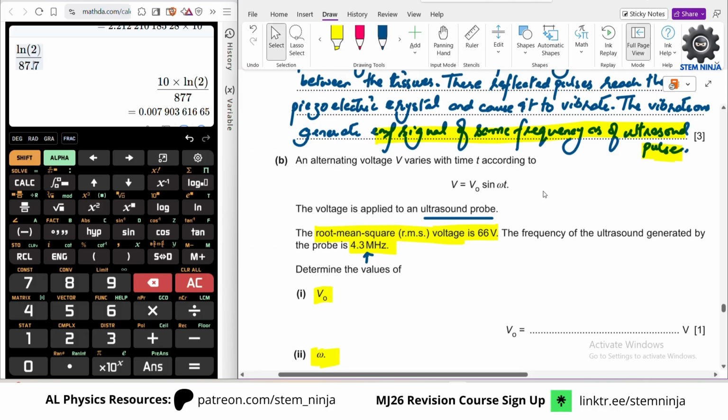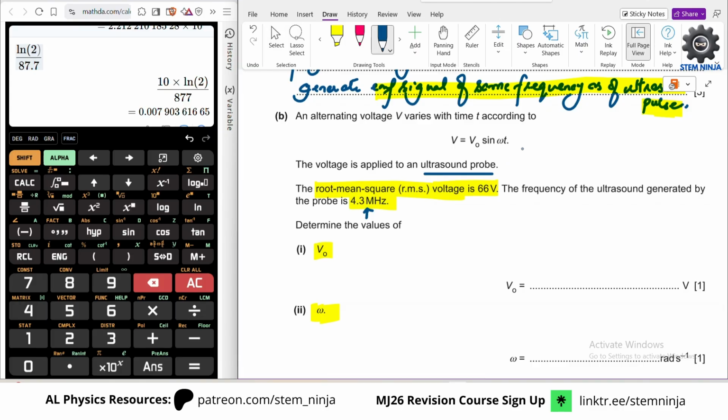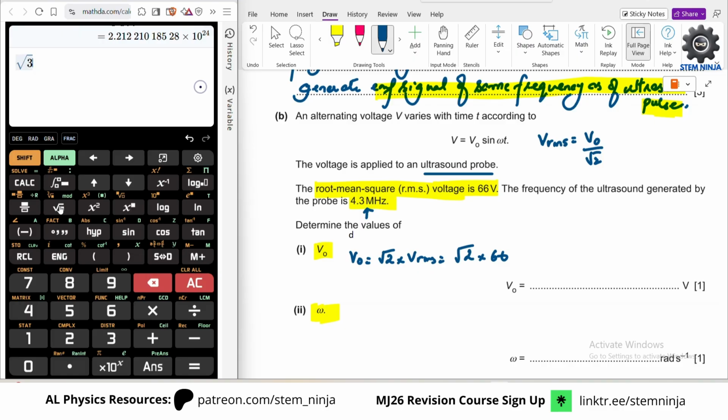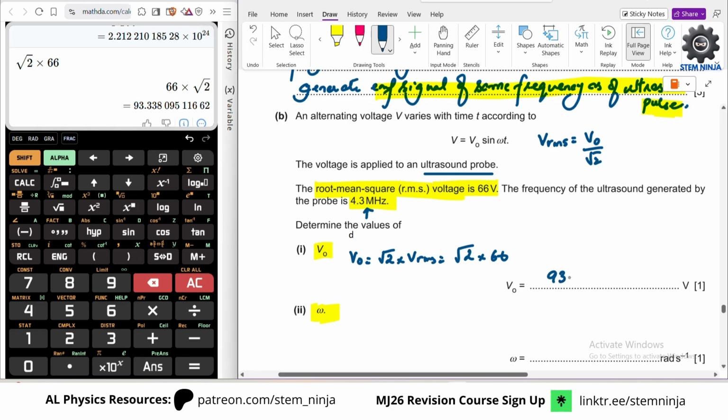First off, we need the maximum voltage. We have the RMS, and we know the formula: V RMS is equal to V naught over root 2. So V naught would simply be root 2 times V RMS, right? So root 2 times 66 is 93.38, so let's call it 93.